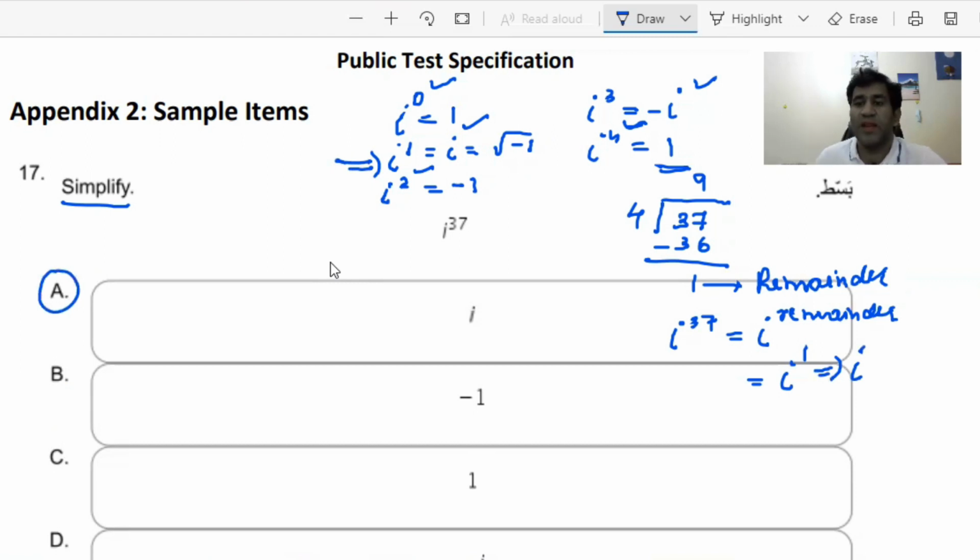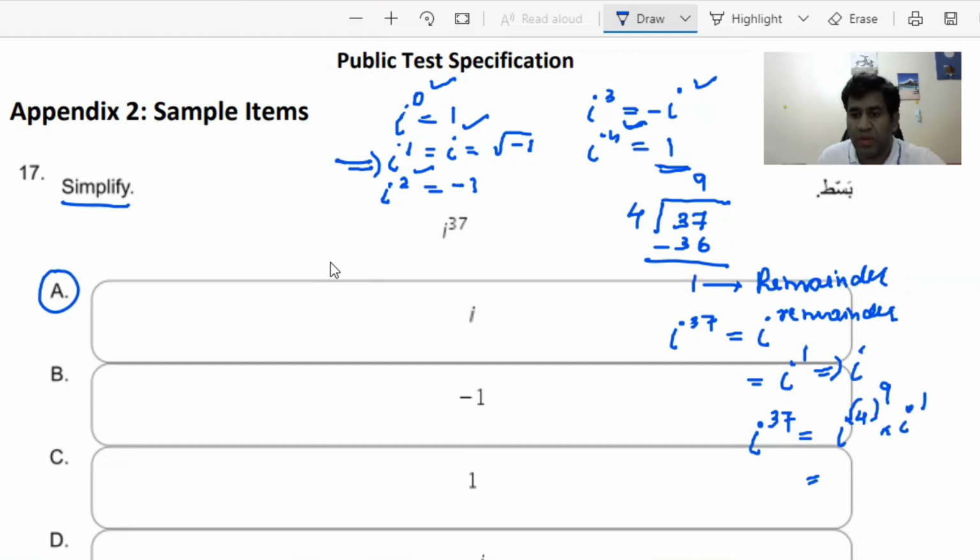So why am I dividing I to the power 37 by 4? Look, I to the power 37 can be written as I to the power 4, to its power 9, times I to the power 1.